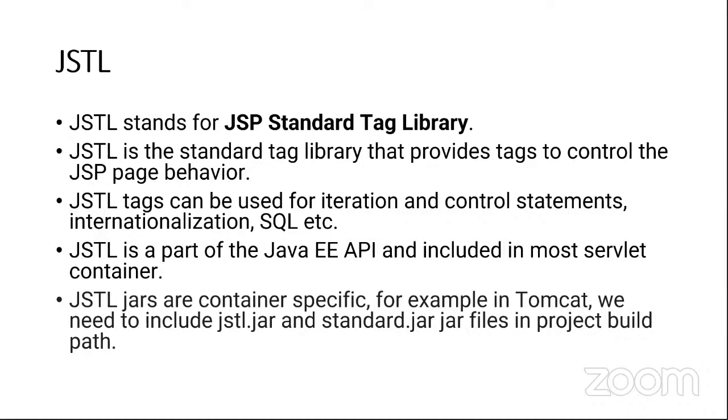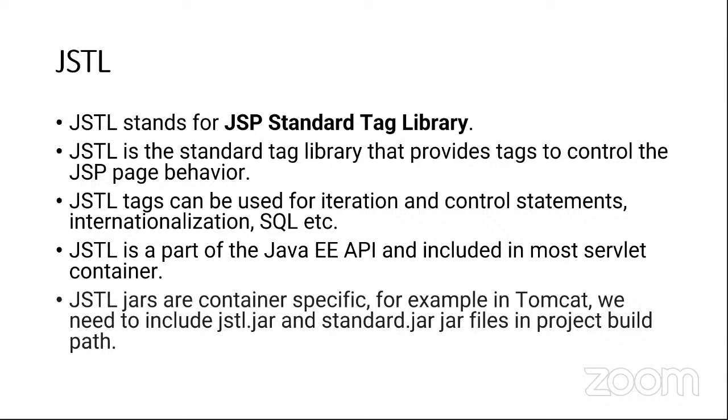JSTL is a part of the Java Enterprise Edition API, and it is included in most servlet containers. We can say it's a kind of extension of JSP. Obviously JSP is a type of servlet, so JSTL is also included in most of the containers.